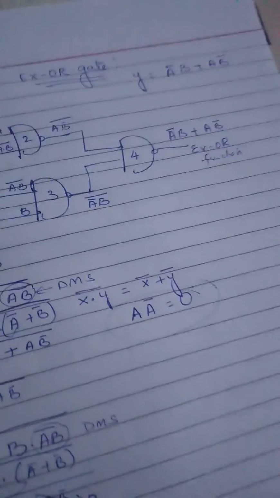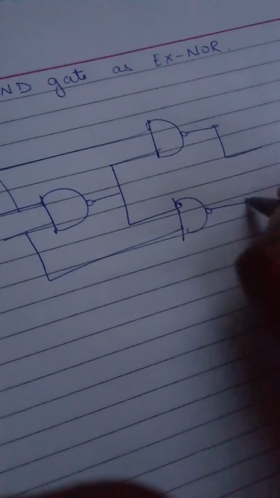Right? Now we'll see the next one, the NAND gate as an XNOR gate. This is similar to your XOR gate with an additional gate. We have an additional gate here.